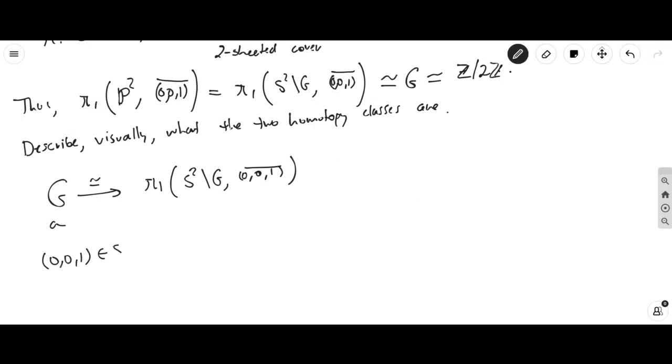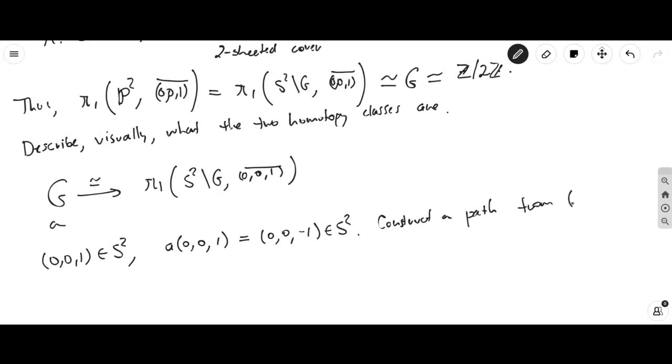This is in S2, and we're going to apply the antipodal map to that point, getting (0, 0, -1), also on S2. And now we're going to construct a path from (0, 0, 1) to (0, 0, -1).